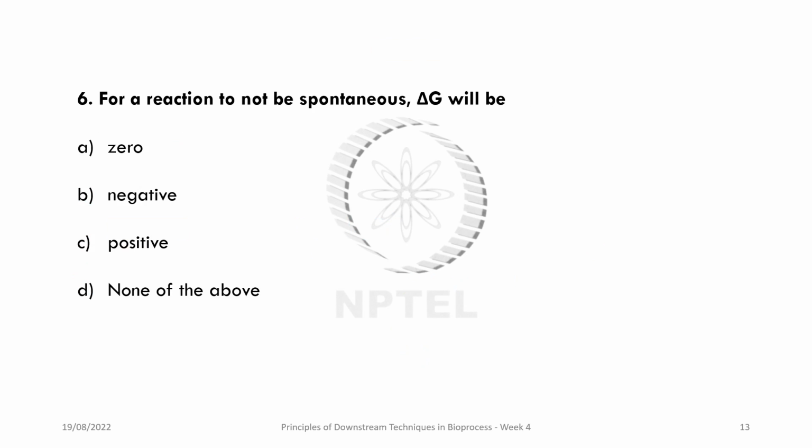Okay, question 6. For a reaction to not be spontaneous, remember to read the not, delta G will be: 0, negative, positive, none of the above.